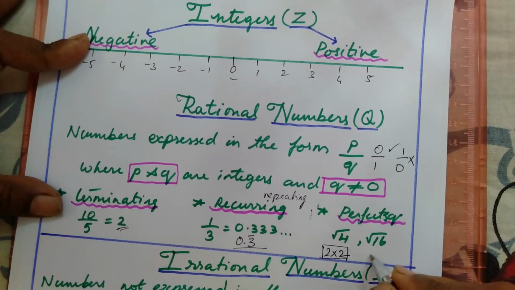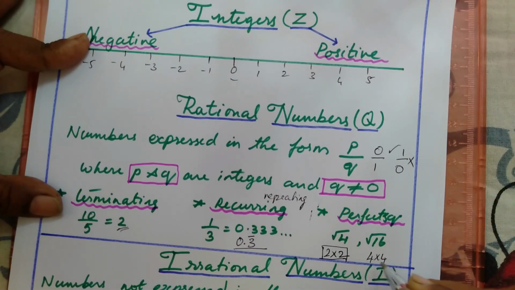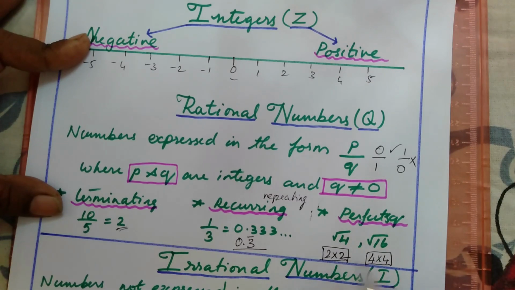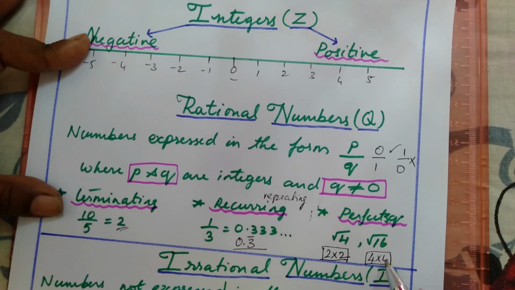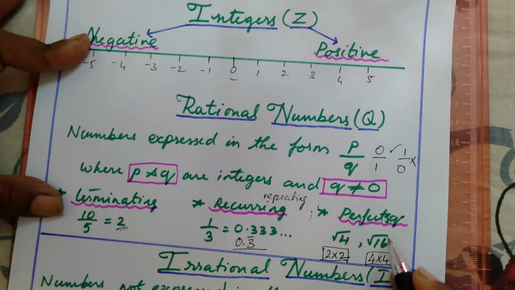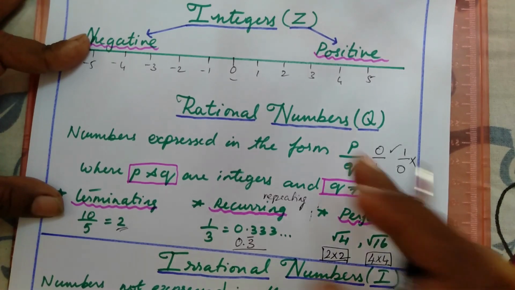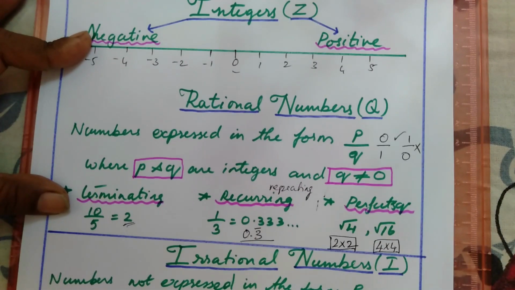So this is a whole number. Same way here you have 16. So 4 into 4 will give you 16. Okay. So when you don't have any decimal or fractions here, you are squaring whole numbers here. So by squaring whole numbers you will get a perfect square. So these perfect squares are also included in rational numbers.